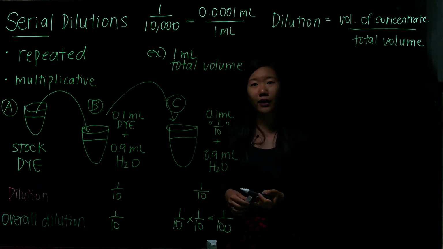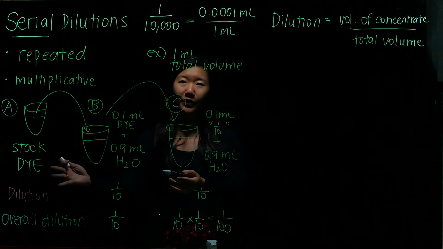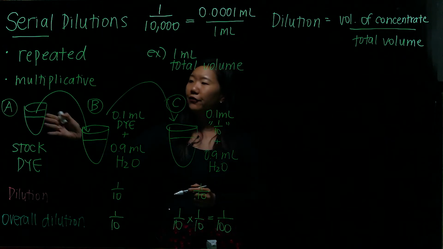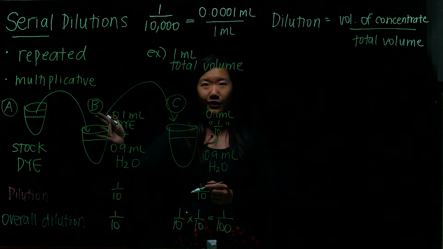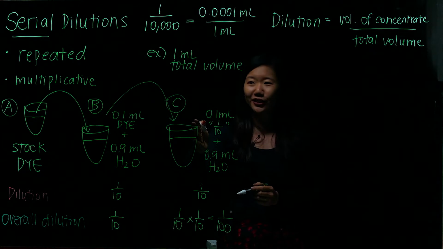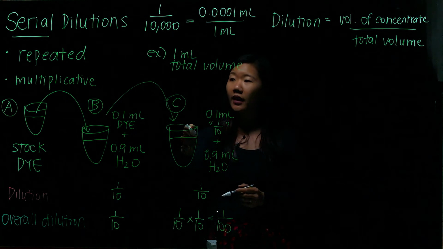So how would we make a 1 to 10,000 dilution more accurately? We could continue on with this strategy of serial dilutions, where we started off with the stock in tube A. We made a 1 to 10 dilution of that in tube B. We made a 1 to 10 dilution using tube B as our, quote, stock.